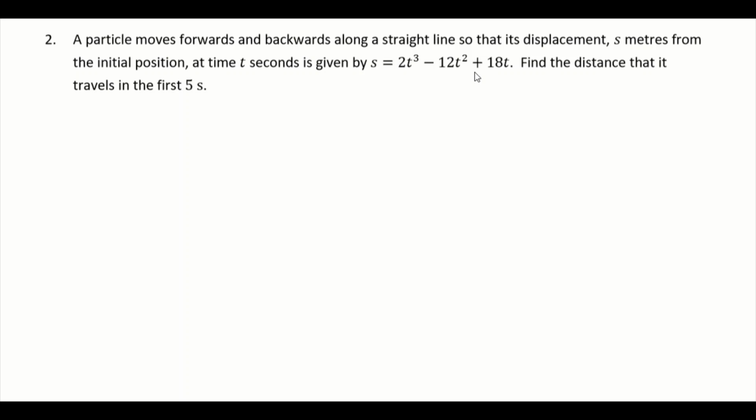This idea is correct if we are finding the displacement. But the problem here is we want to find the distance, because this question tells us that the particle moves forward and backward. So the distance is going to be much larger than the displacement, because for the displacement we only look at the final position, right? But the distance is going to be much more than that.